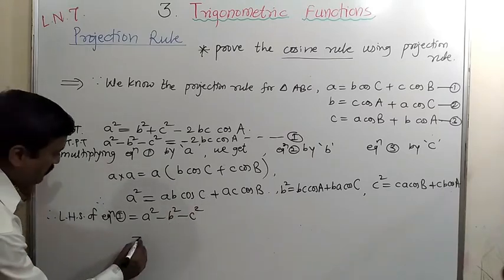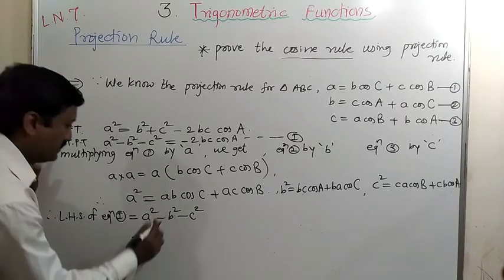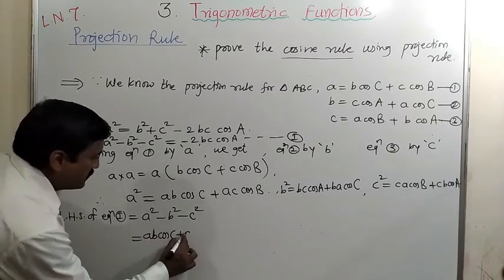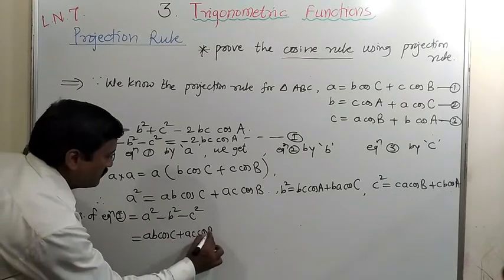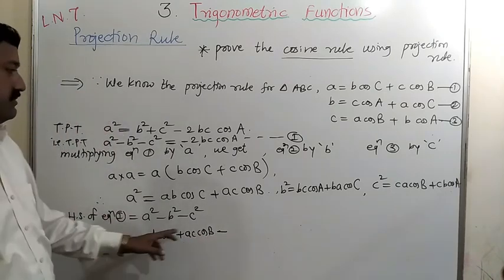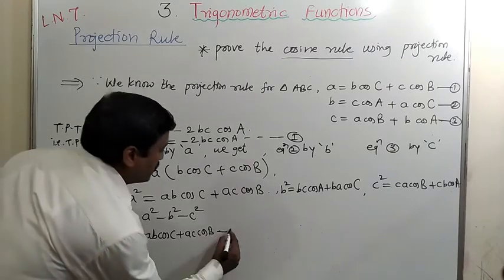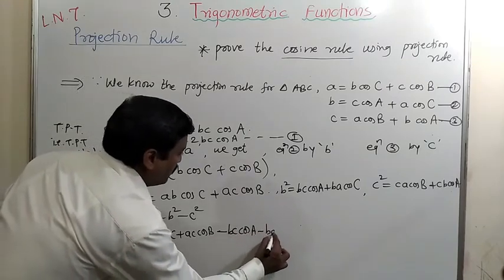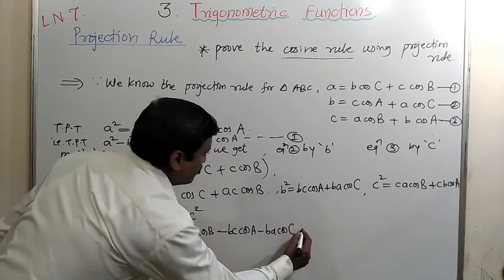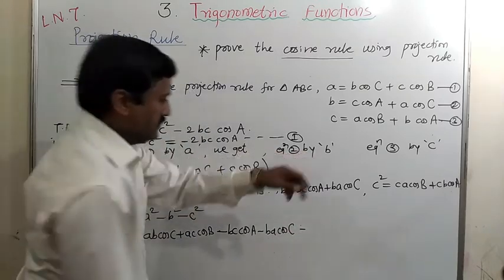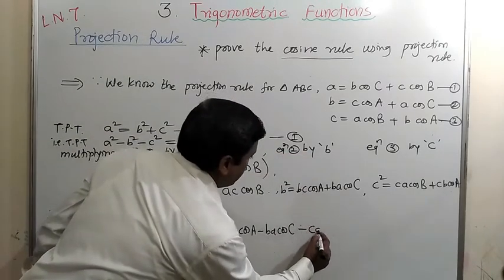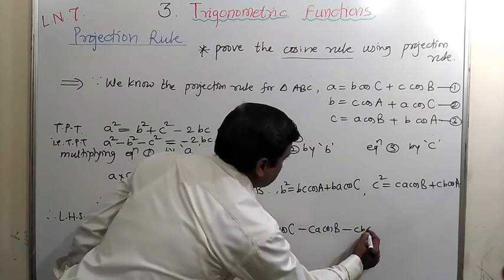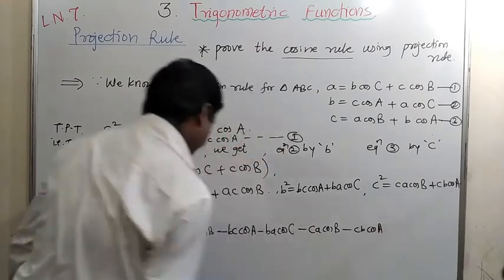It is equal to a square, that is ab cos C plus ac cos B, minus b square, means negative of this, that is minus bc cos A minus ba cos C or ab cos C. Once again minus c square, that is minus ca cos B and minus cb cos A.